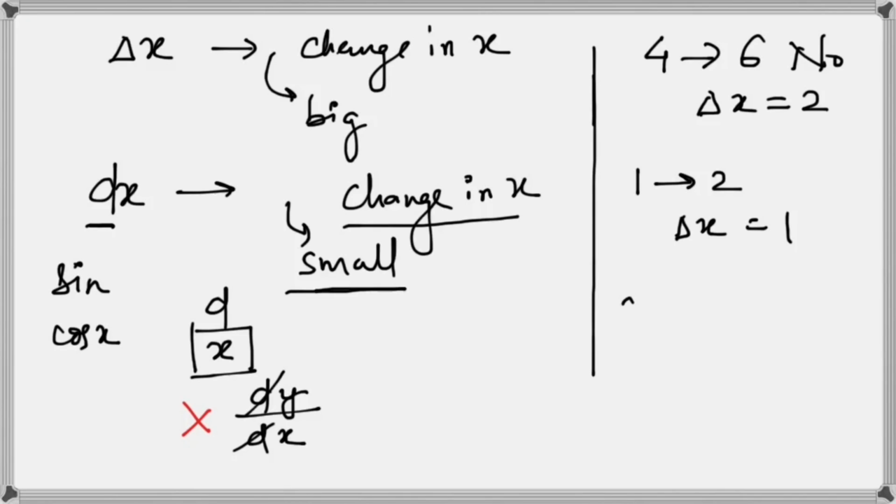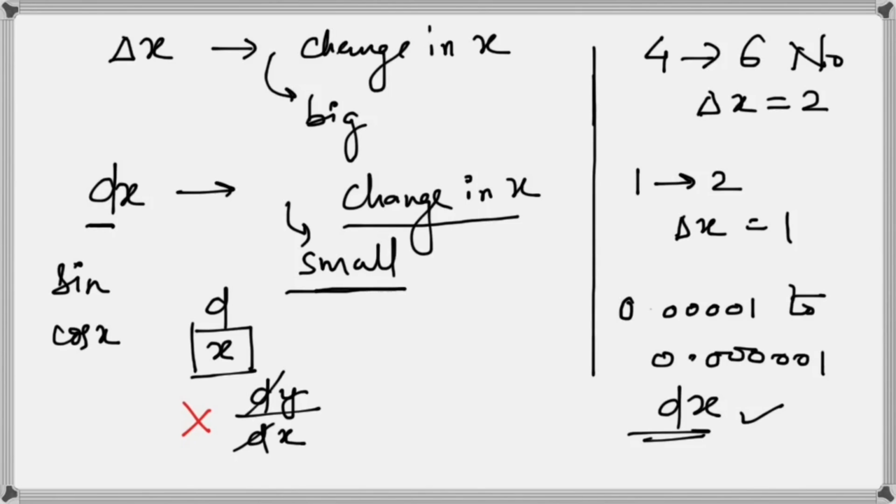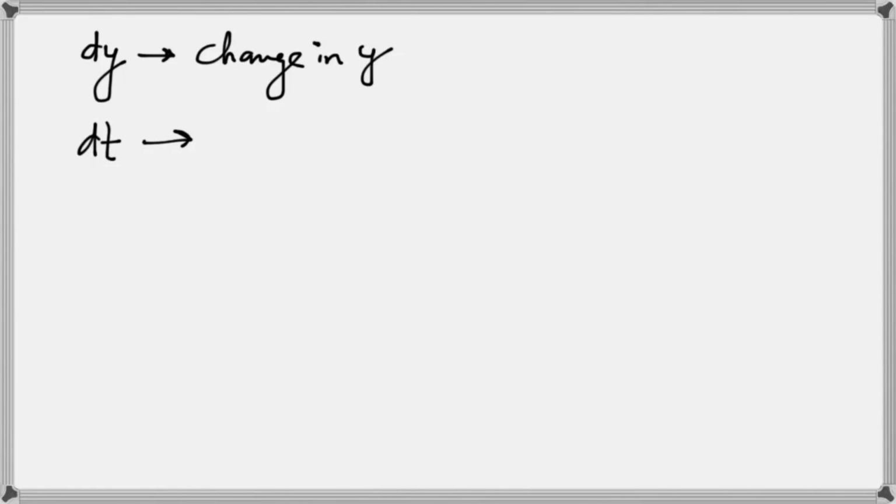But if x changes from 0.00001 to 0.000001, then you can use the phrase dx. So if there is something written as dy, it means change in y. dt means change in t.